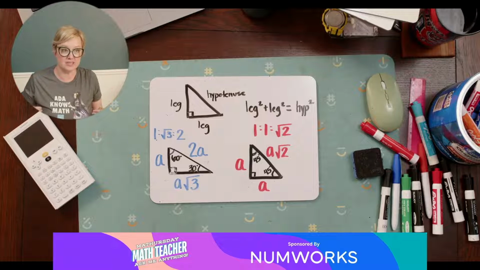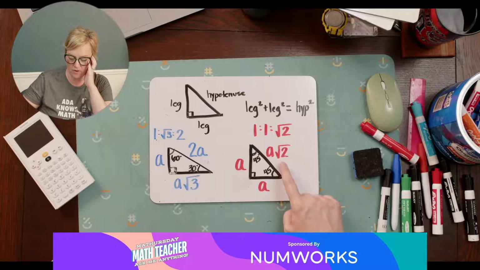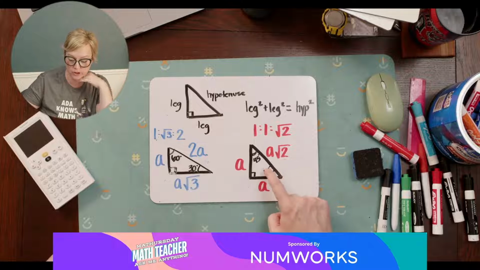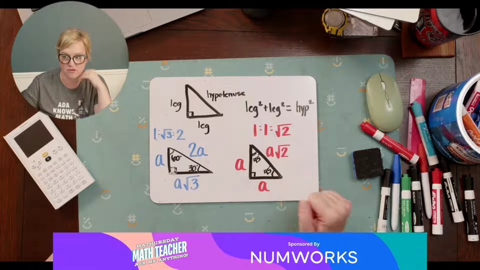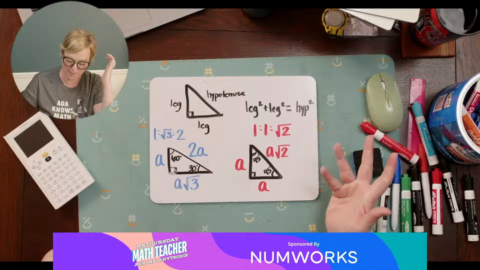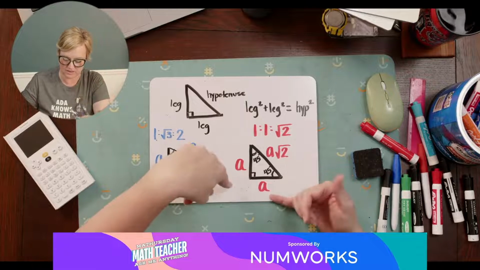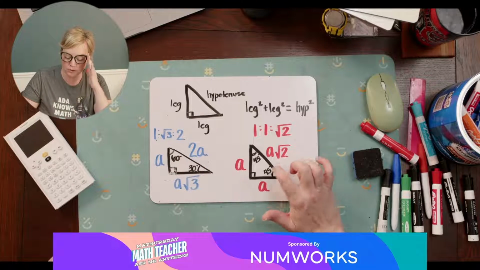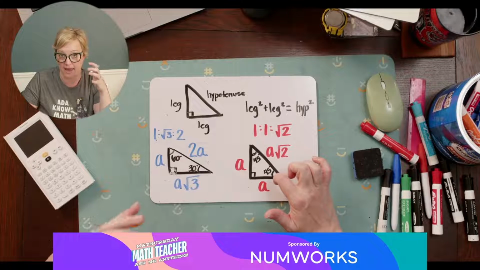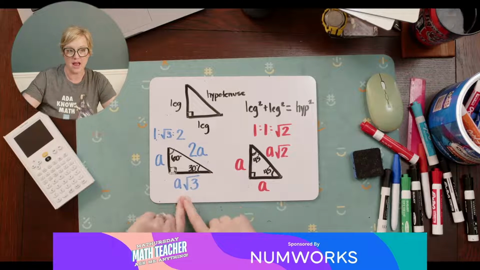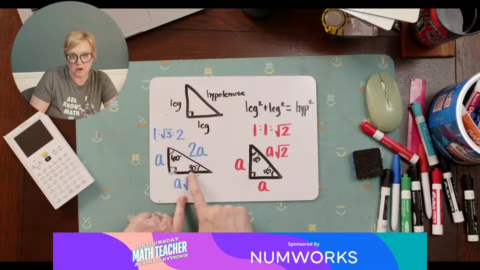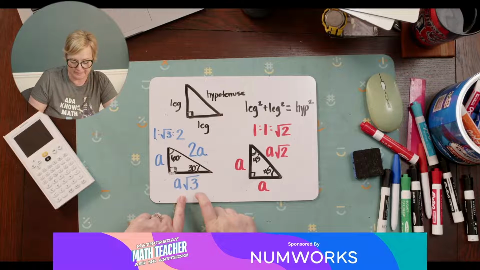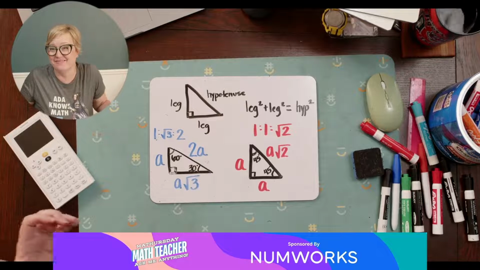So for me, root 2 goes with the one with two identical angles. So root 2 is with the one with two 45-degree angles. And then I just remember that there's not two of them with A root 2, so these must be A and A. That's a loose way to remember. But the main thing is root 2 goes with 45 and 45 because it's two of the same angle. Over here with root 3, the 3 is stuck with the 30 degrees. So 3 and 3. That's just how I remember it. Again, it's not great, but it's something.